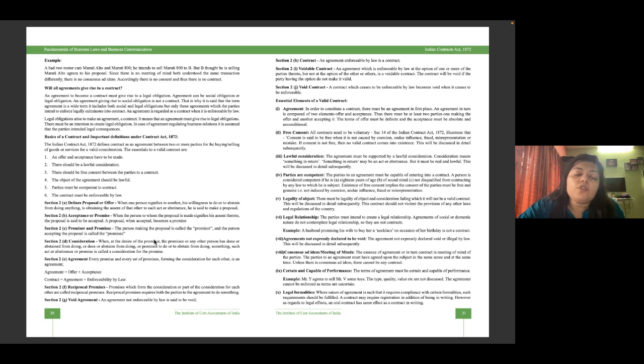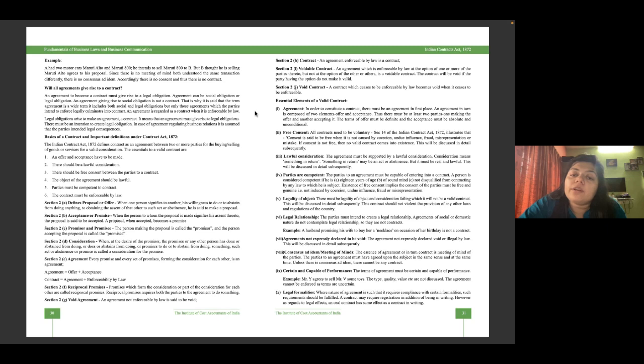So section 2F talks about reciprocal promises, which I talked about when we were bargaining about the questions, etc. However, section 2G talks about void agreement. An agreement which is not enforceable by law is said to be void. Any person whose entire promise requires somebody to do something, that's a reciprocal promise, whereas void is when it is absolutely not enforceable by law.